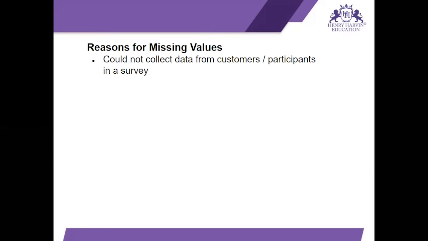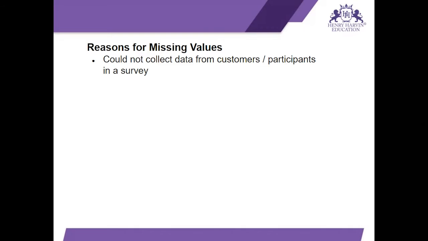Now, why can that happen? Say you created a form or a survey. What might have happened is that you did not make all the fields mandatory to be filled, and participants just skip that part, so those values become missing values.